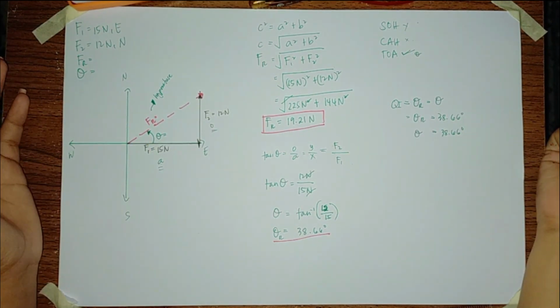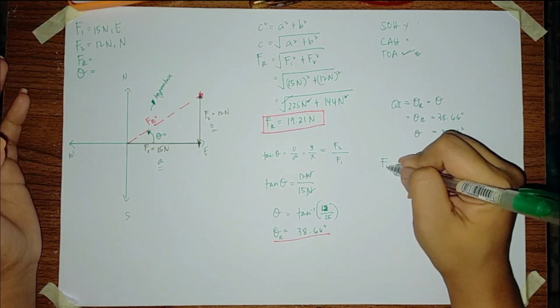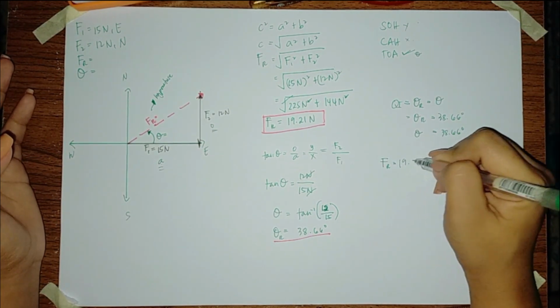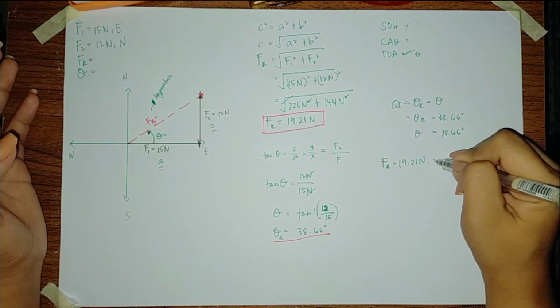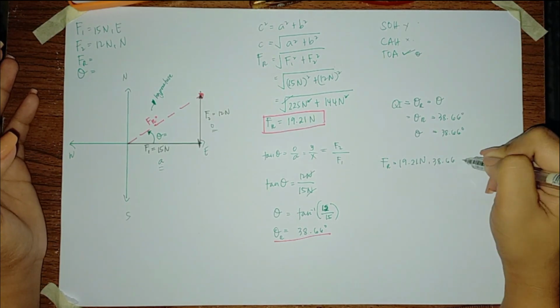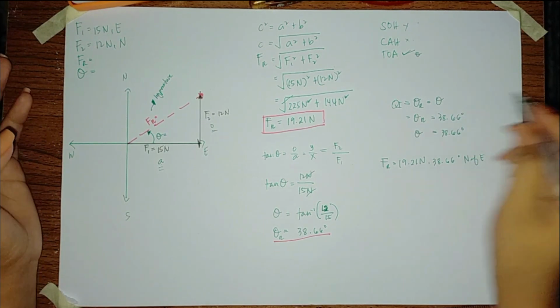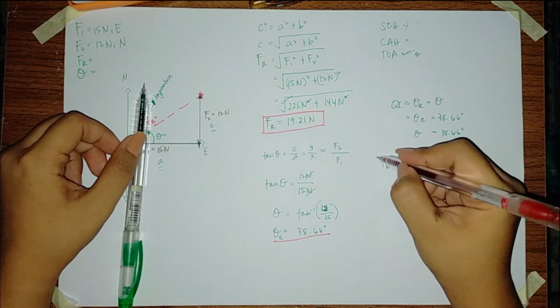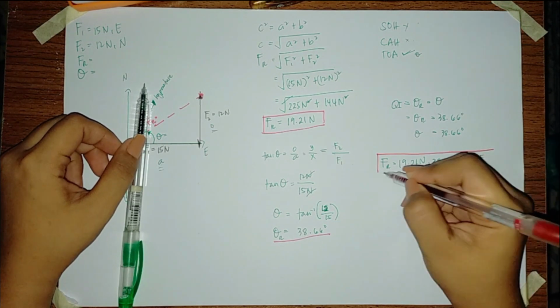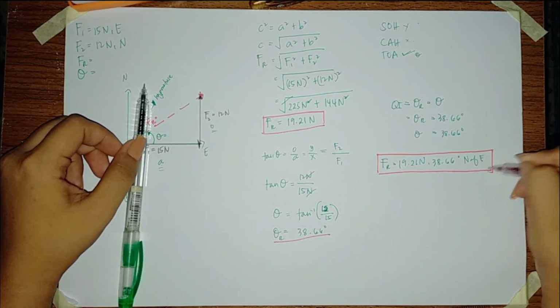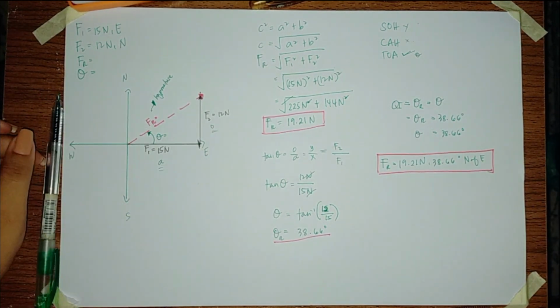Now, how do we write our final answer? Let us have here F sub r is equal to 19.21 newtons, 38.66 degrees, north of east. So, ayan, north of east siya. That's for our final answer.